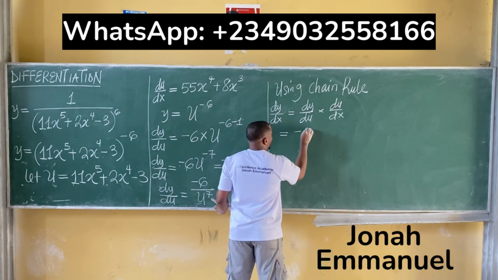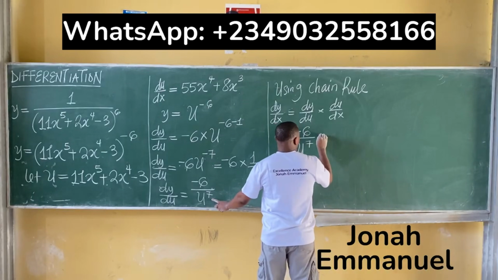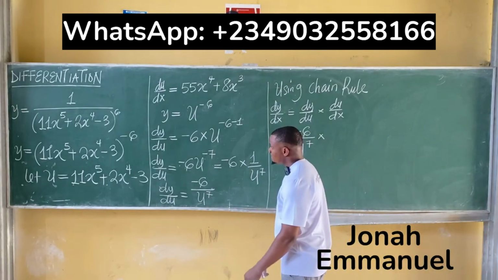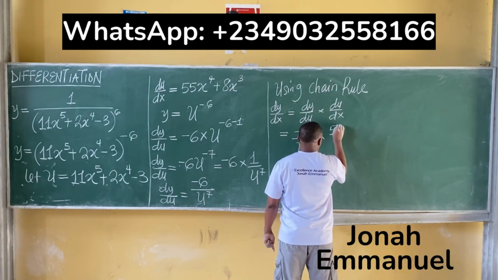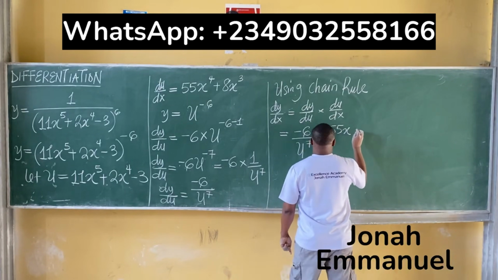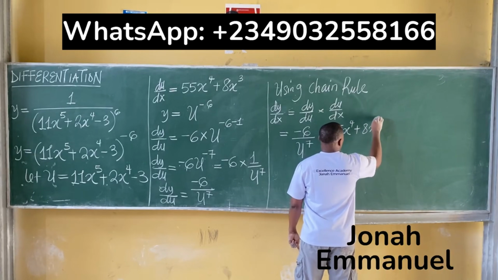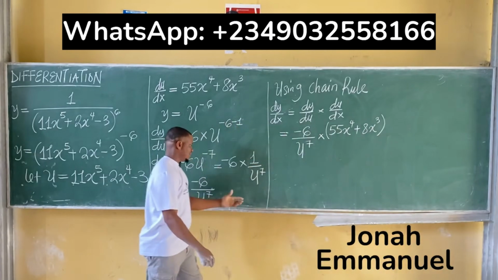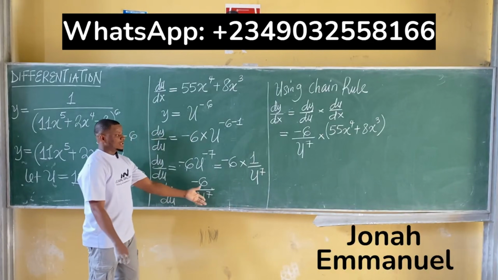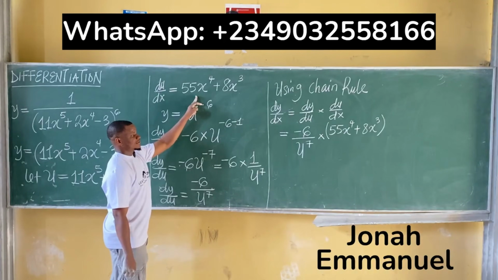This minus 6 all over u to the power 7 times du/dx is what? All of those stuffs there. 55x to the power 4 plus 8x to the power what there? All right. So dy/du is this, as you can see here. That's dy/du times du/dx is this one here, which is this.